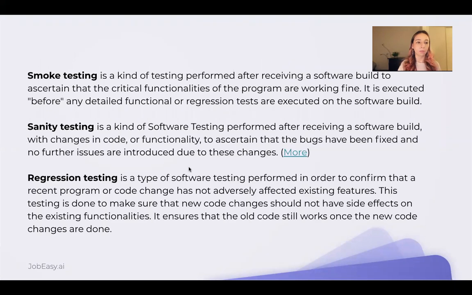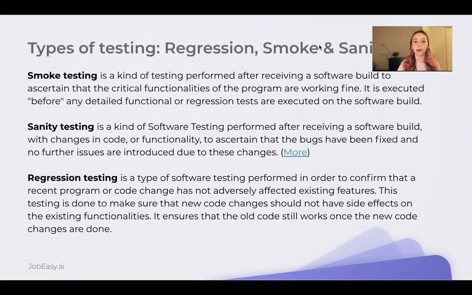Okay, before I get there, let me quickly look at the questions and then we'll talk about these types. First of all, is the performance testing team the gray box testers?